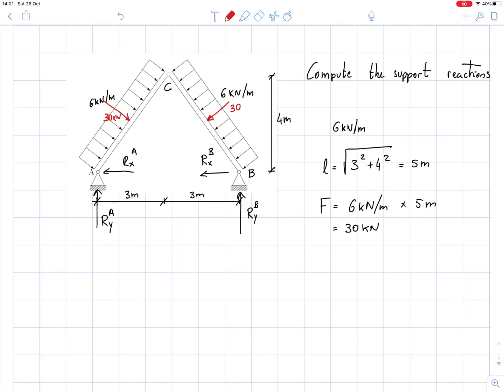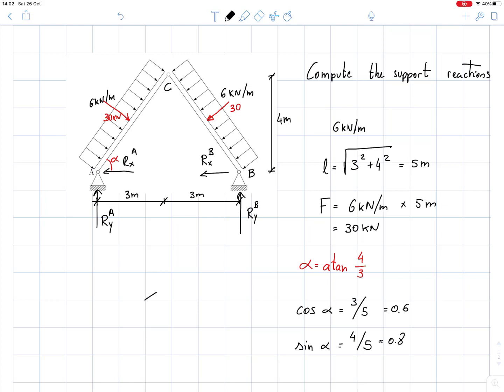Now this force is neither horizontal nor vertical, so it's useful to decompose the force into horizontal and vertical forces. This angle here, alpha, is the angle whose tangent is 4/3. The cosine of the angle is the adjacent side, 3 meters, over the length of the beam, 5, so 0.6. The sine is 4/5, 0.8.